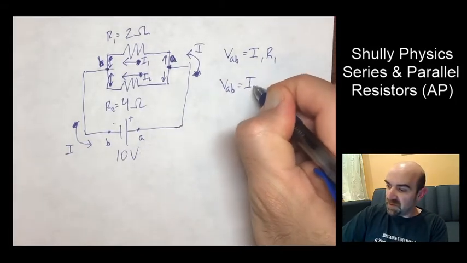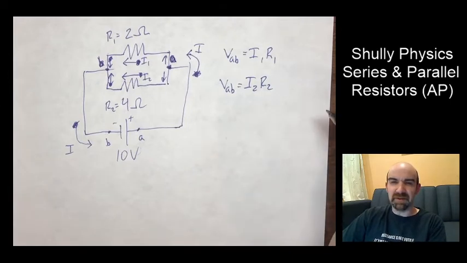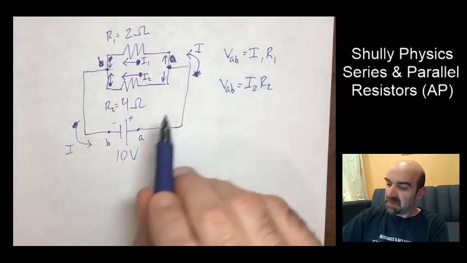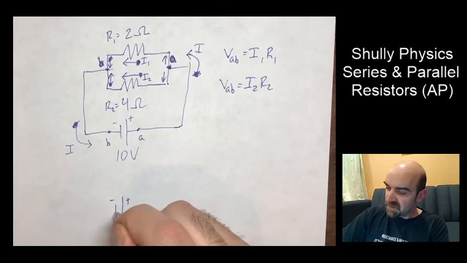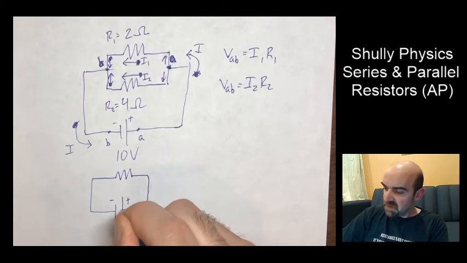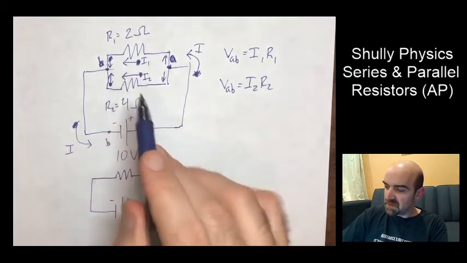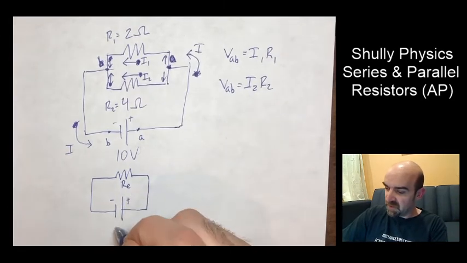So we're going to have I2 R2. All right, where are we going to go with this? But remember, what we're trying to do is convert this circuit into one where we can envision those two resistors combining into one equivalent resistance value.